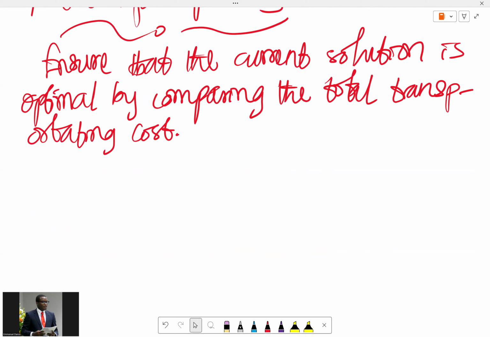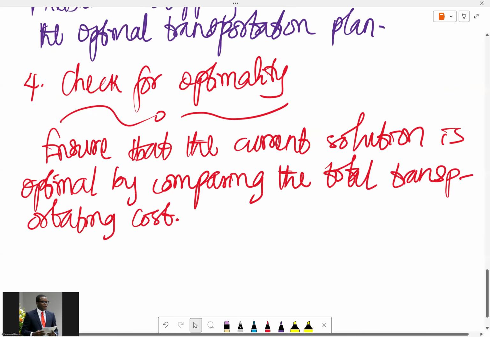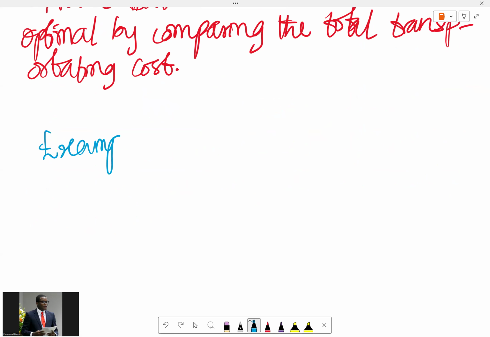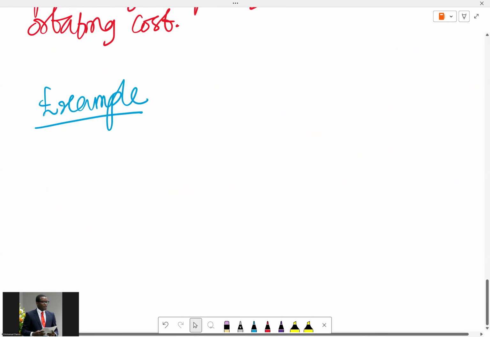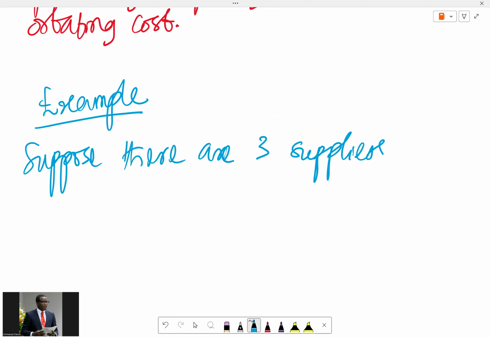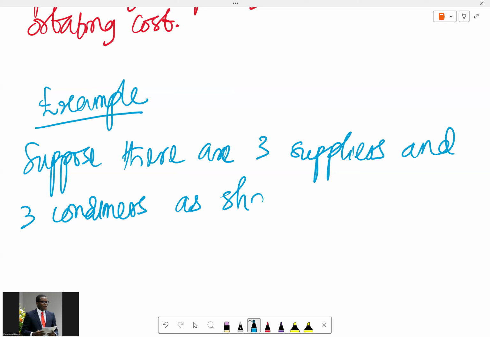Okay, so let's look at an example. Suppose there are three suppliers and three consumers, as shown below.